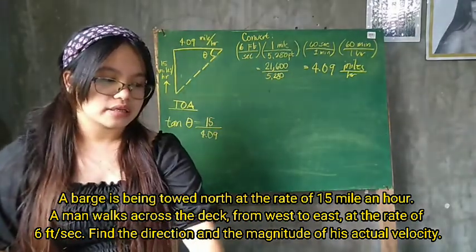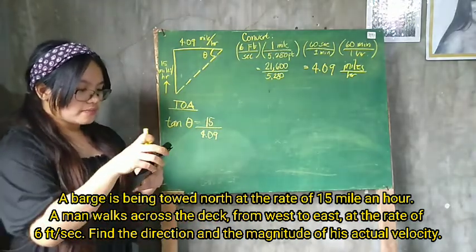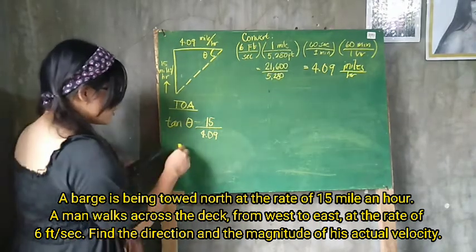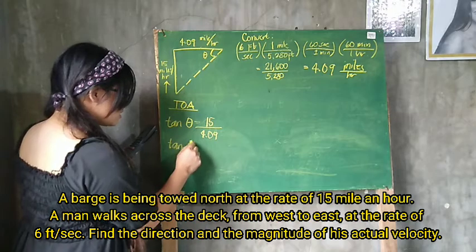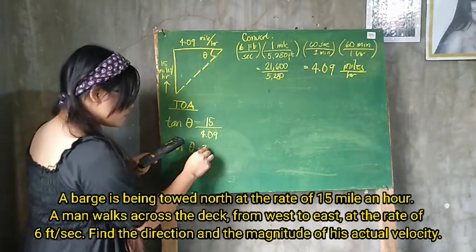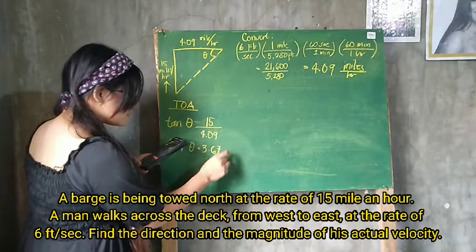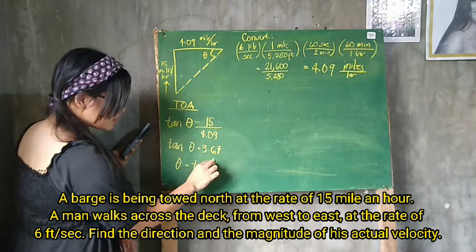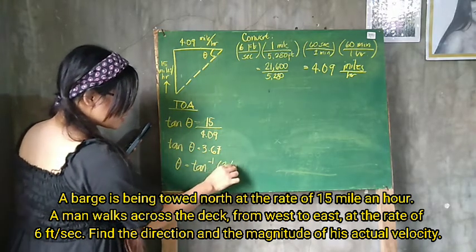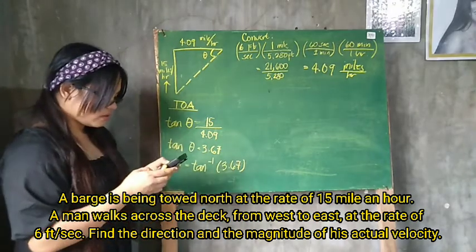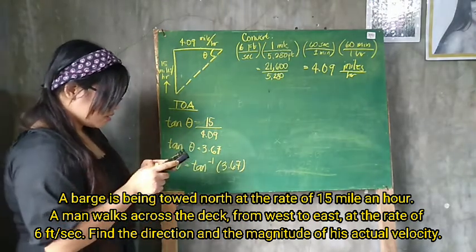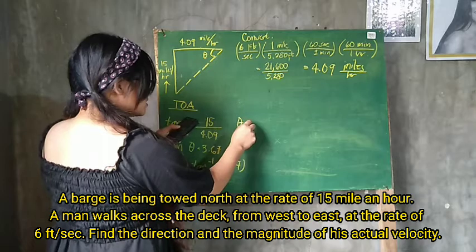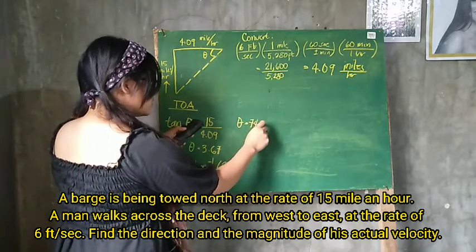Then let's divide 15 divided by 4.09. We will get tangent theta equal to 3.67. Then theta is equal to shift tangent of 3.67, and we will get 74.75 degrees.